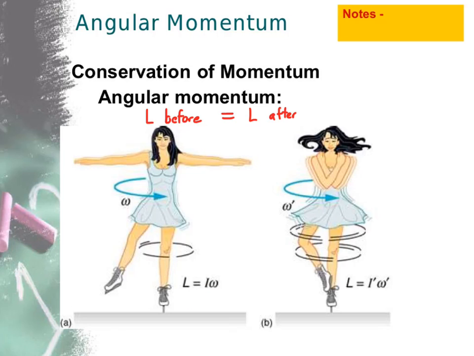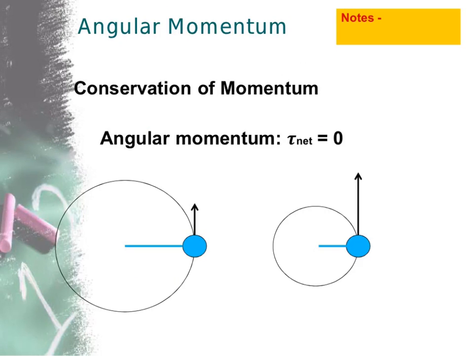Now, to see how that might change, let's go to actually a point. You might remember that if you want to calculate moment of inertia for a point going around in a circle, you need to know its radius. So let's say this is a radius of 1 meter.